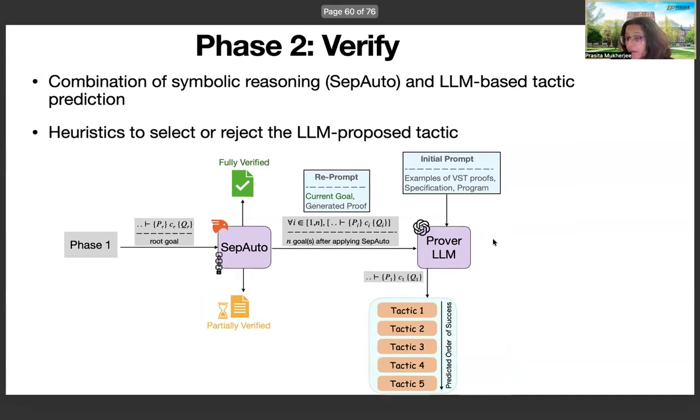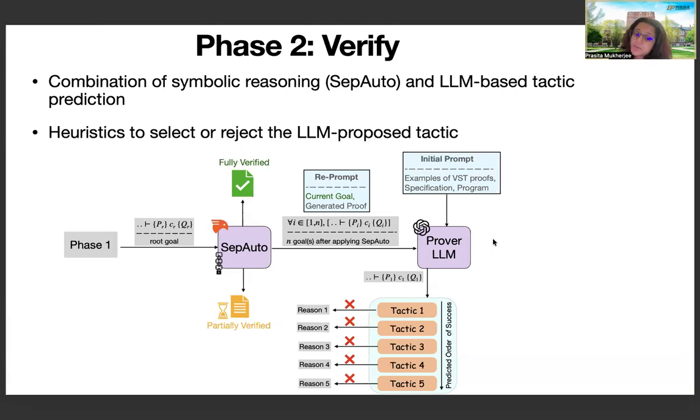Now, it can also happen that all the tactics that are predicted by the LLM get rejected by the heuristic checkers, citing their reasons. Now, in this case, we don't have anything to send to SEPAuto, so we reprompt the prover LLM from here with the current goal, all of the failed reasons, the generated proof, and we ask it to generate a fresh set of tactics for the current goal at hand.